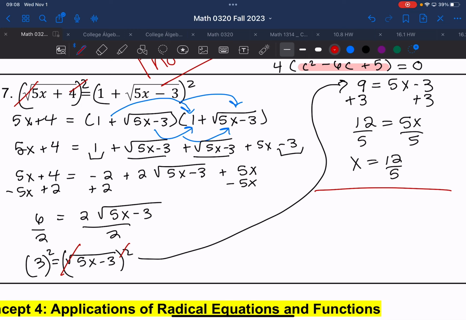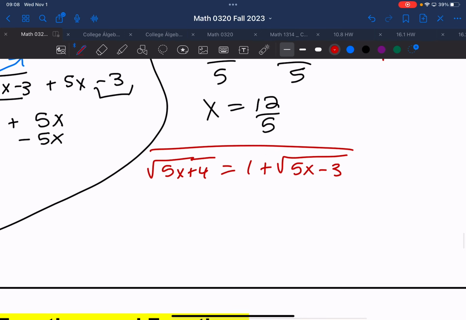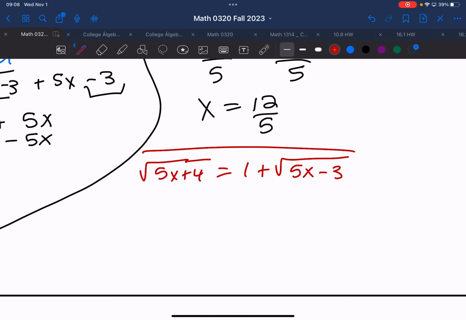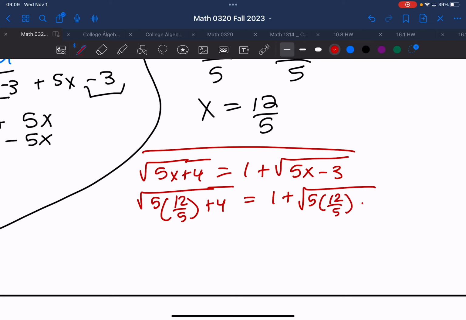So I'm rewriting my problem that the square root of 5x plus 4 is equal to 1 plus the square root of 5x minus 3. I'm going to plug in that 12/5. So I have the square root of 5 times 12/5 plus 4 is equal to 1 plus the square root of 5 times 12/5 minus 3.